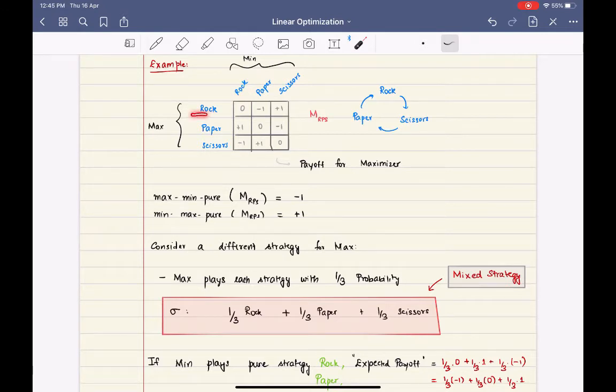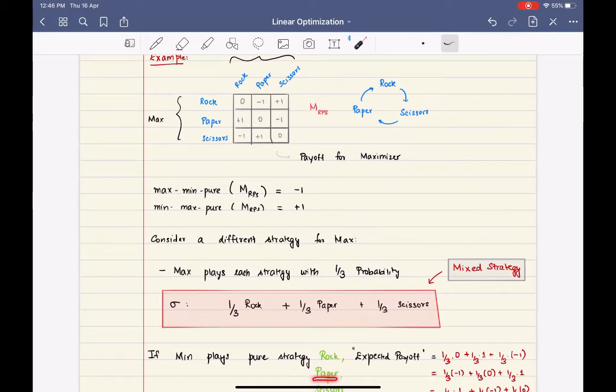Now there is a 1/3 chance that the game has payoff 0, 1/3 chance that the payoff is +1, and 1/3 chance that the payoff is -1. Okay, so now we have to talk about an expected payoff. The expected payoff will be 1/3 times 0 plus 1/3 times 1 plus 1/3 times -1. So that will be 0 if min plays rock. Similarly, if min plays paper, you will get the same value: 1/3 times -1 plus 1/3 times +1 will just give 0.